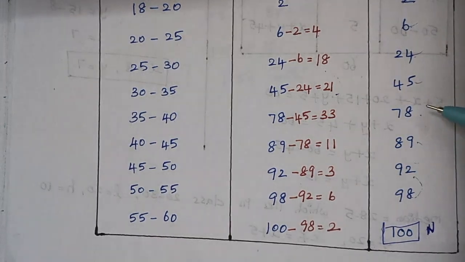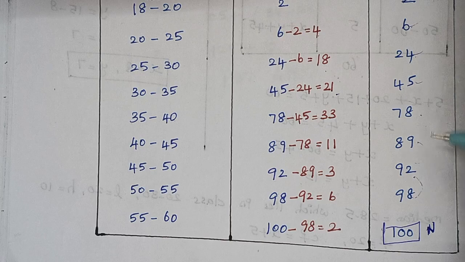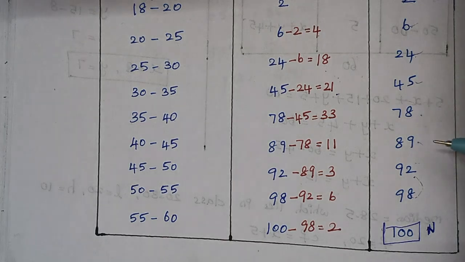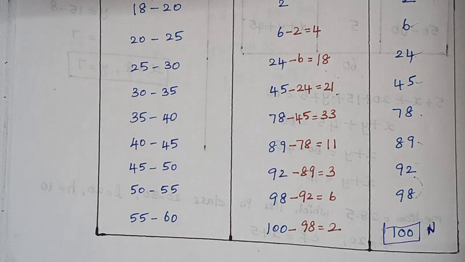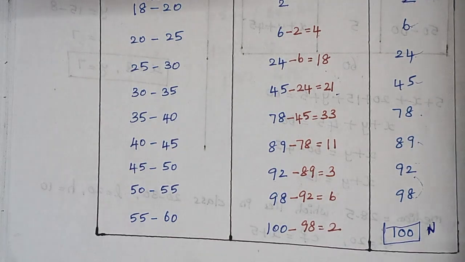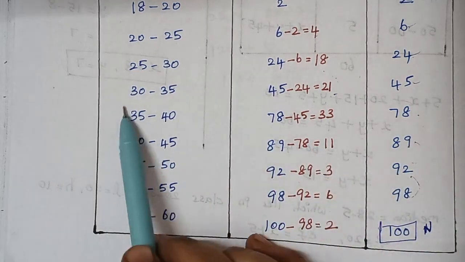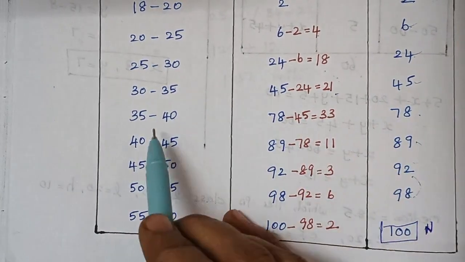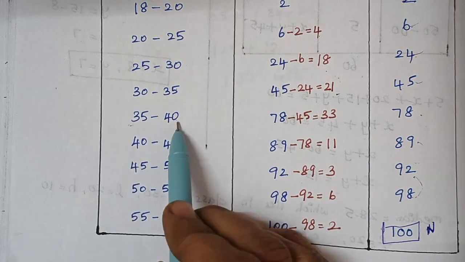Even 89, 92 and 98 are greater than 50, but we have to consider the value just greater than 50. If you had 51, you would take only 51. Here it is 78, so we have to consider this row, and look at this respective class.